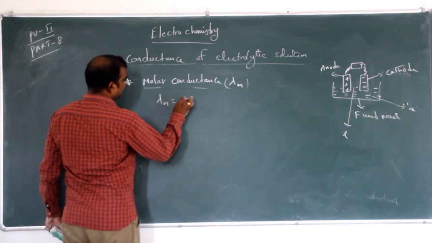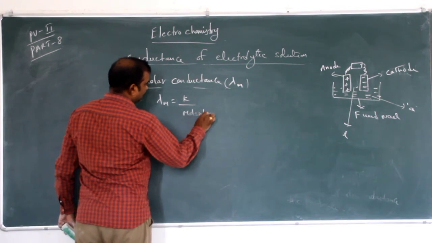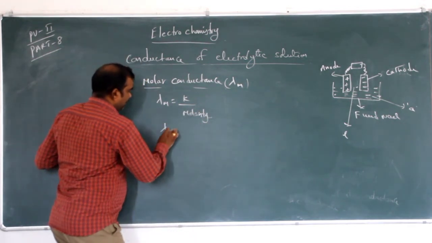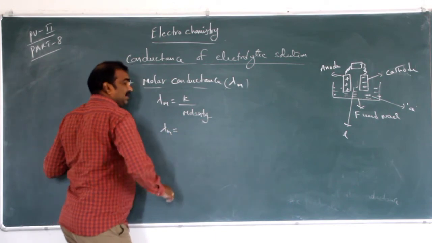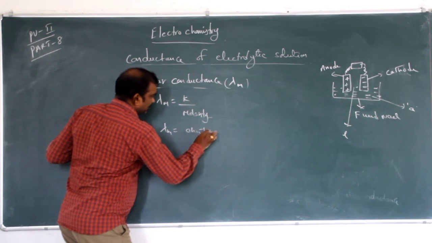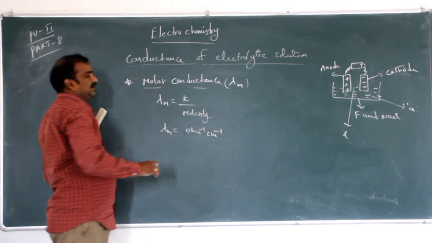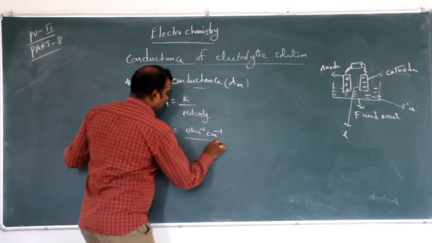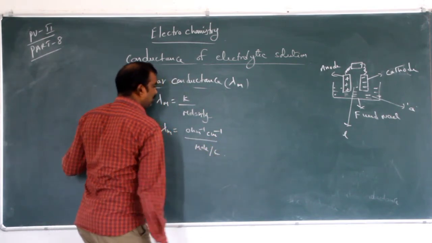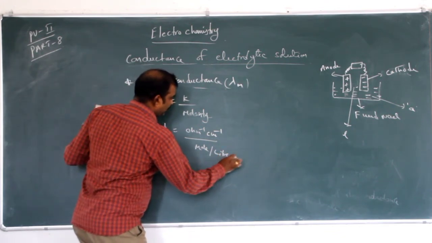So lambda m is equal to K into molarity. So what are the units of K? Molarity is mole per liter.